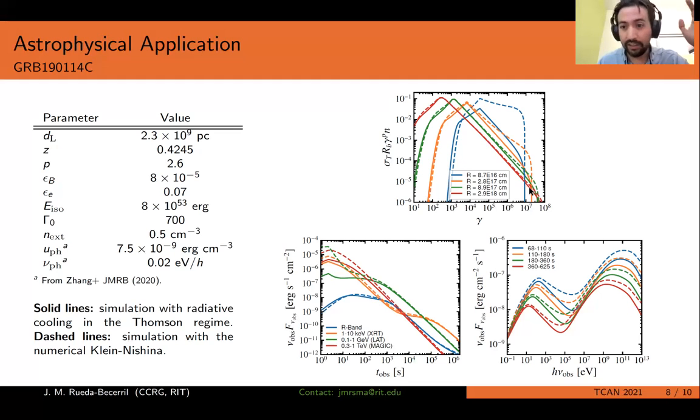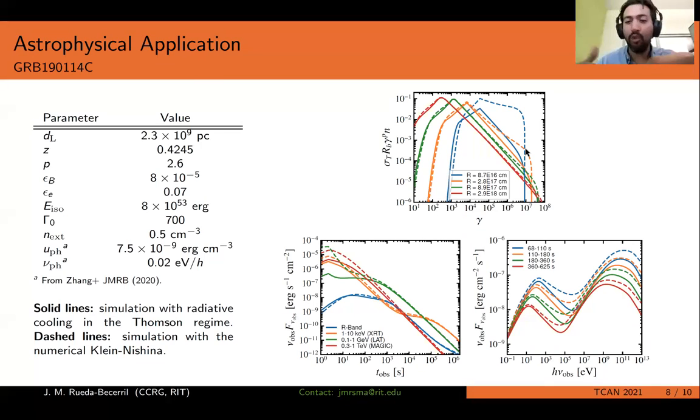So as I was mentioning, the Thomson cooling is very efficient, but if we consider the Klein-Nishina corrections, particles won't be cooling that efficiently, and that's why we have this piling up of electrons.